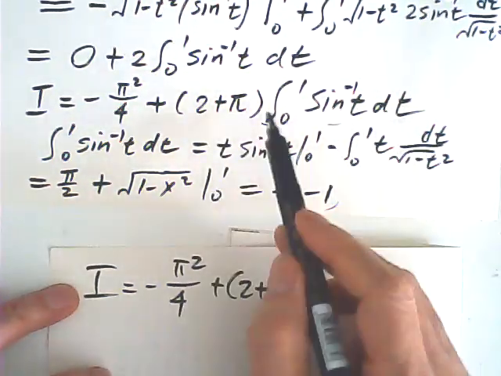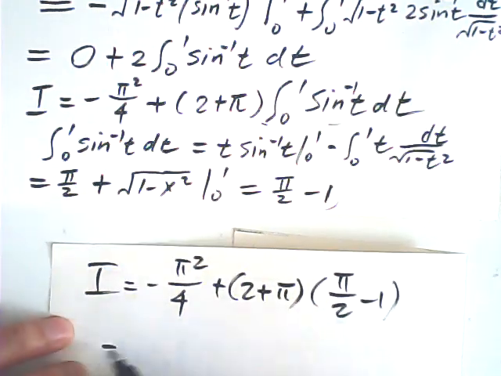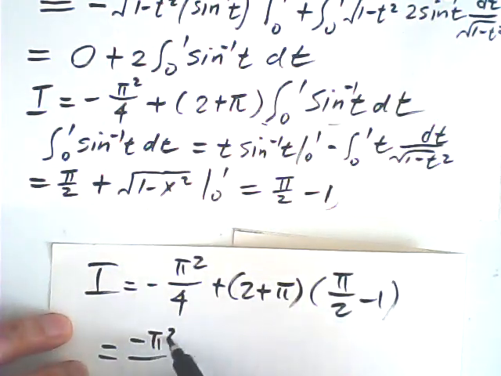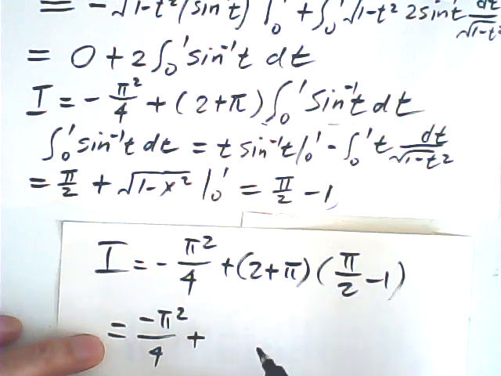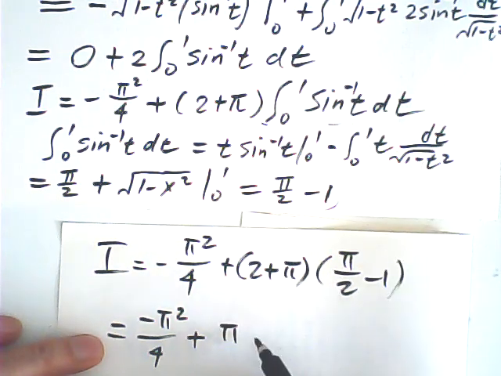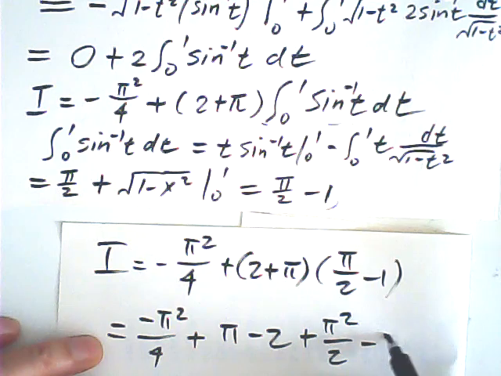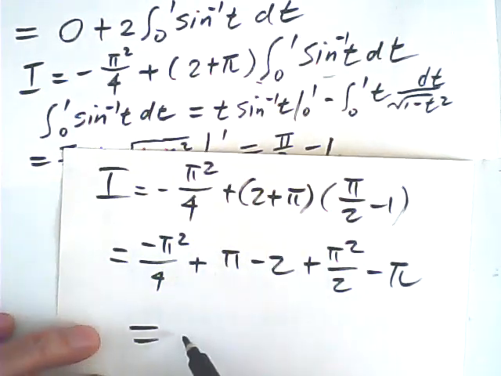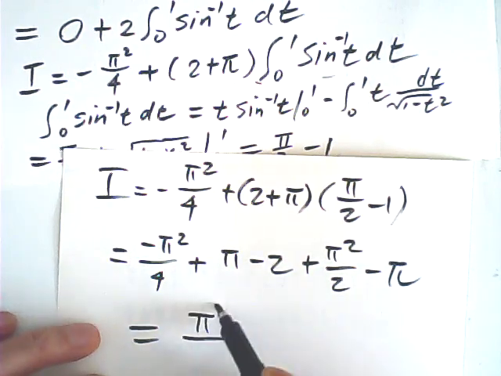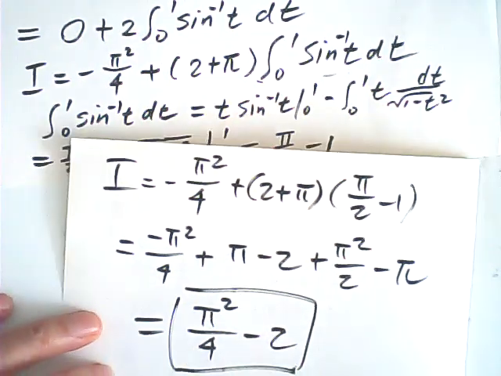What we are doing here is this. So this one is equal to pi minus 2 plus half pi squared minus pi. It's amazing. This is equal to pi squared over 4 minus 2. We get the same result.